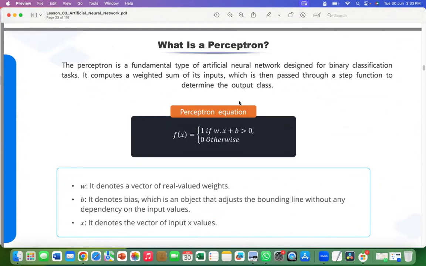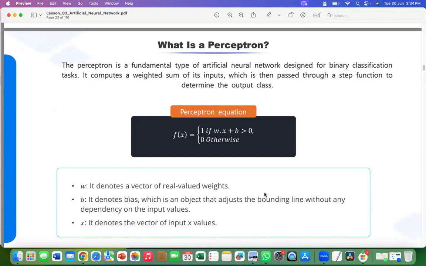The equation is very simple: f(x) is equal to 1 if w dot x plus b is greater than 0, and 0 otherwise. Here, w denotes a vector of real valued weights. b denotes the bias, which is an object that adjusts the boundary line without any dependency on the input values.